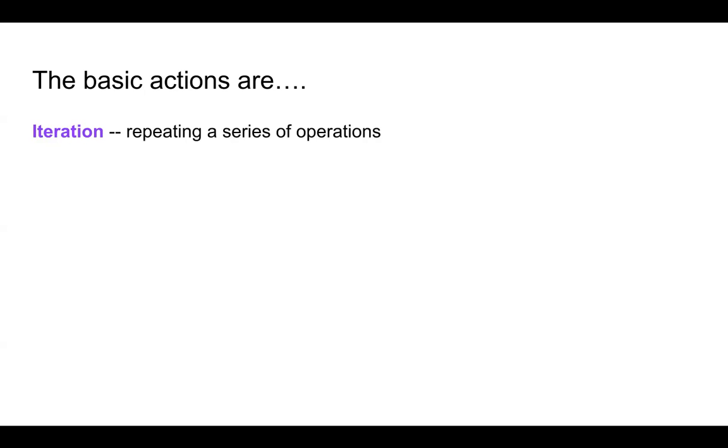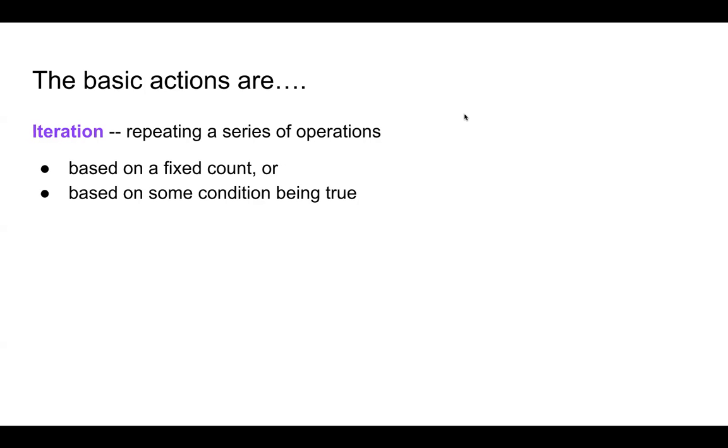The next basic operation or action is iteration, which refers to repeating a series of operations. Repetition can be based on a fixed count or based on some condition being true.